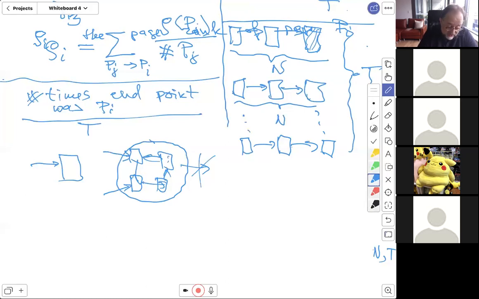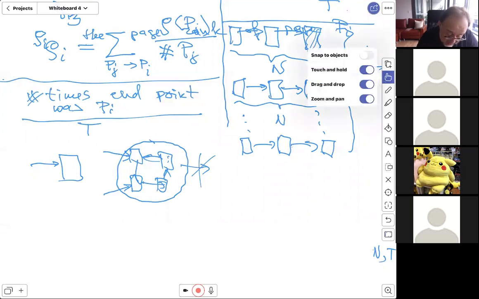Because t will be larger and larger and the number of visitations will stop, right? So clearly there are problems with these three heuristics.